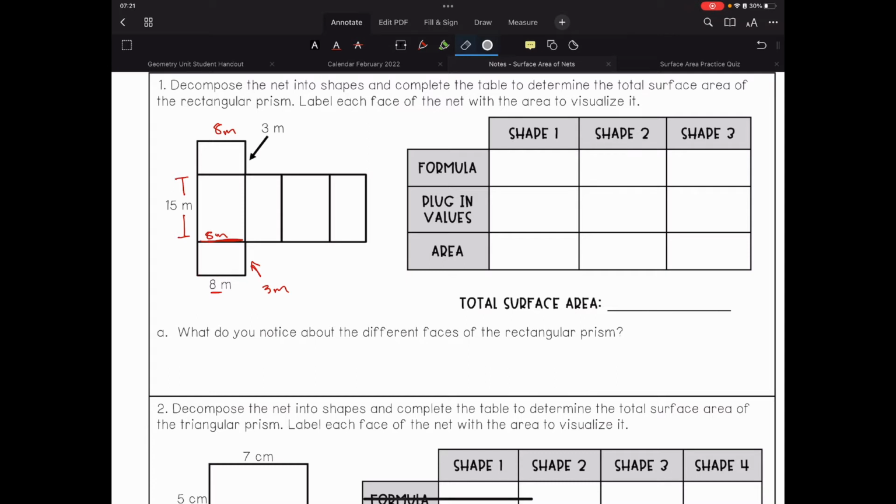So we can find the area of the 3 rectangles over here on the left. We can also find all of these. Each one of these ones here I'm just highlighting in red, they're also 15. So I'll just put a 15 here, for example. And then this one here is 3.